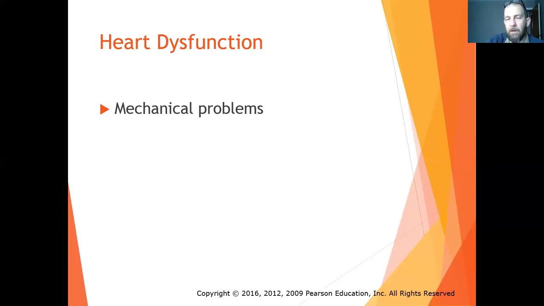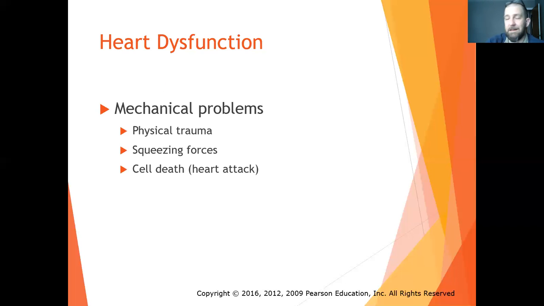All right, so heart dysfunction. We've got a couple of ways that we can have heart dysfunction. One is mechanical problems. This is a problem with the actual physical heartbeat, the actual squeezing. Mechanical problems can be caused by trauma, squeezing forces.